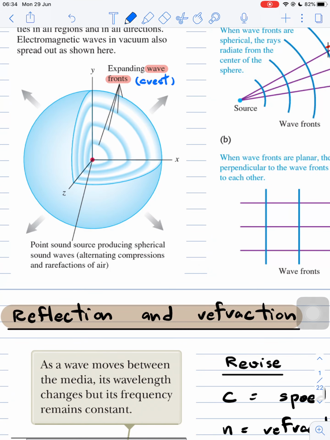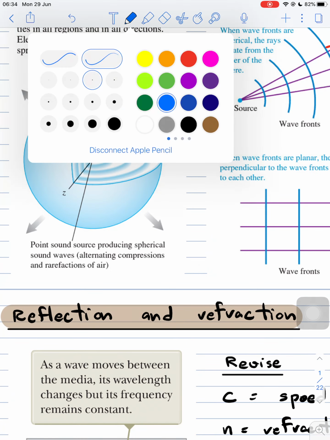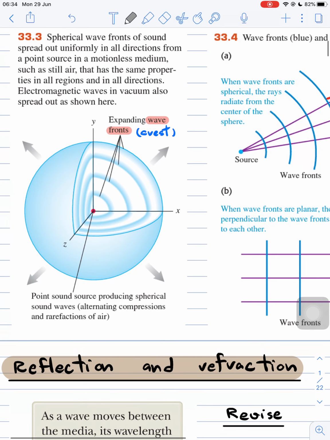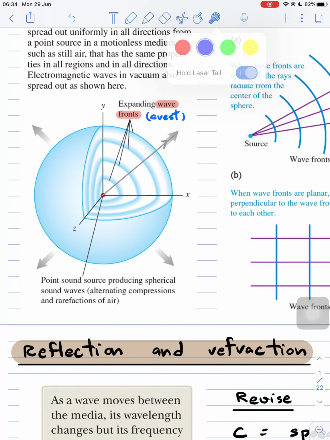Also, we can write down the light ray as an arrow pointing from the source in the direction of the wavefront. So this will be the direction of the light ray.